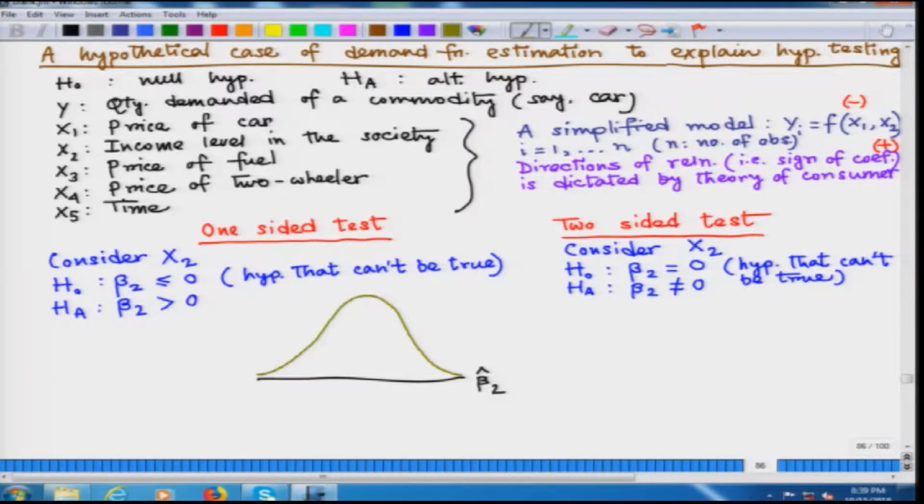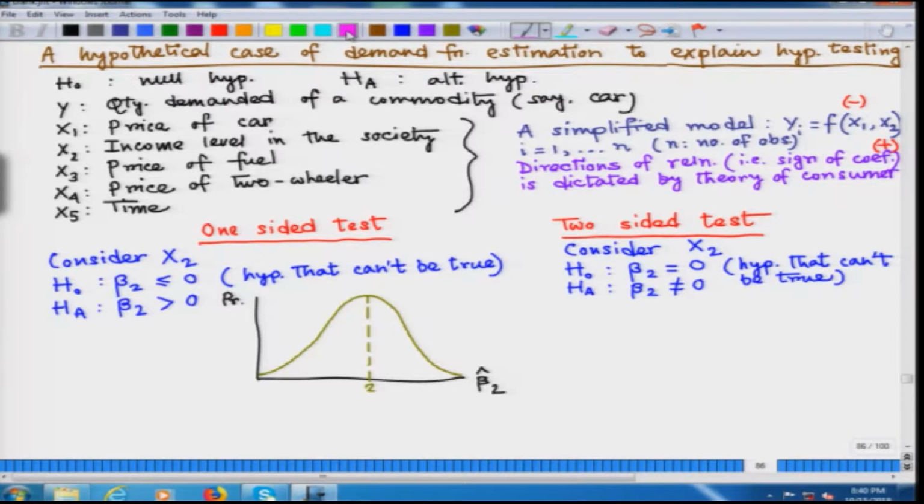Suppose, and this is arbitrary of course, we say that the mean of this sampling distribution for beta 2 hat is found at some positive number, say 2. Okay, fine. Now what we are saying is that we divide this area under the curve, which is basically a probability curve. Let me complete the diagram, the vertical axis where I measure the probability.